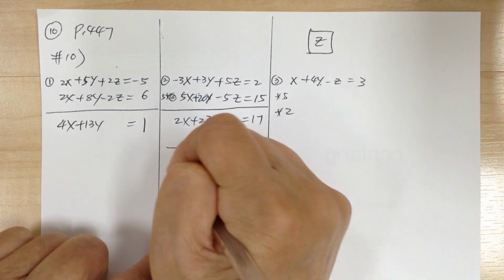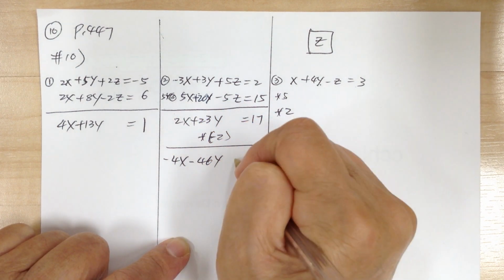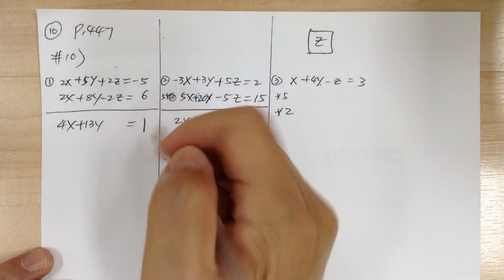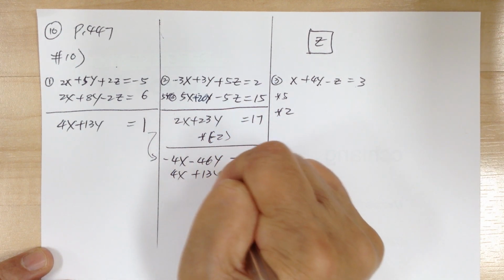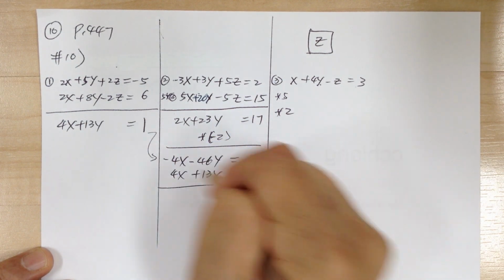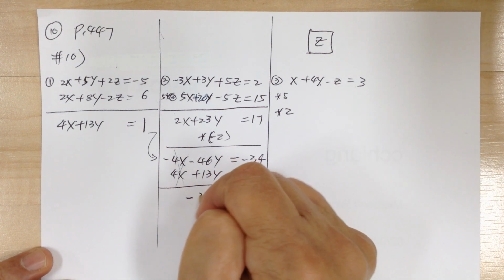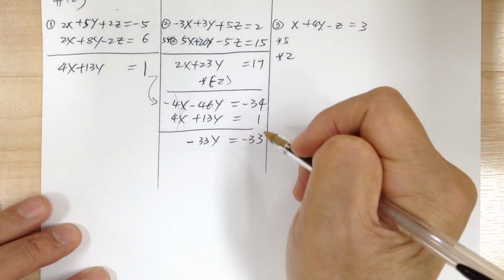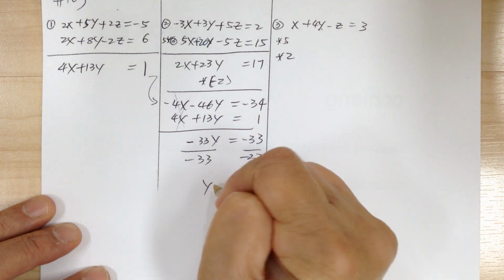So I get negative 4x minus 46y equal to negative 34. I'm going to put this under here with 4x plus 13y equal to 1. When I add, this will cancel out. Then I get negative 33y equal to negative 33. Divide by negative 33, so y equal to 1.